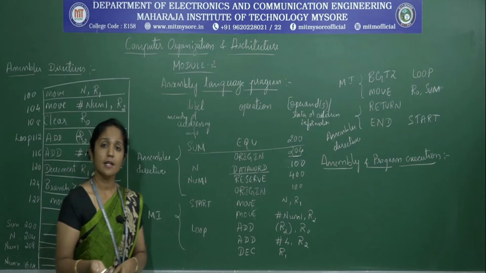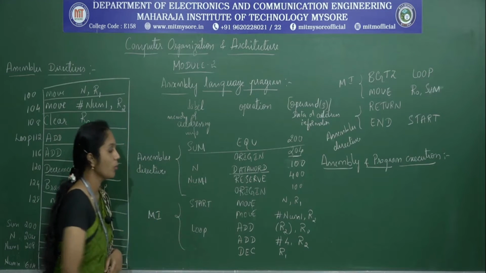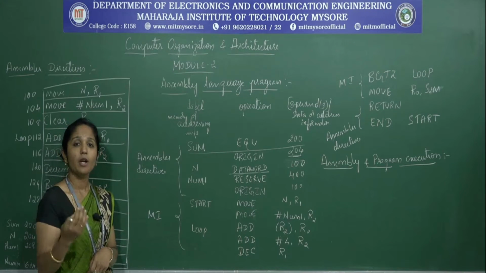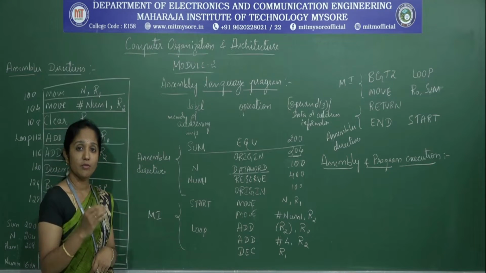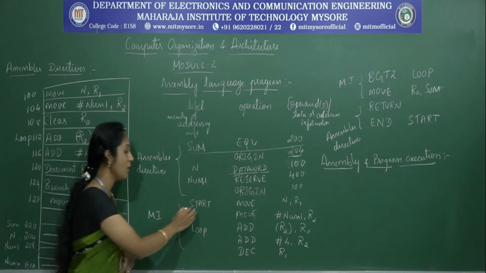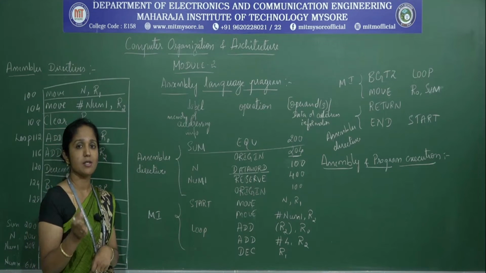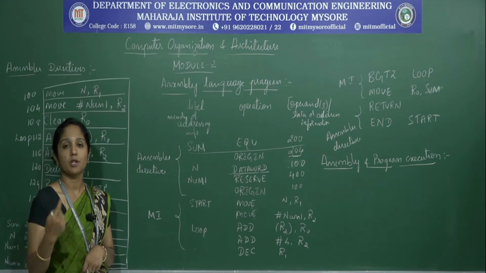But if you consider the other labels, for example start and loop, in this case it is very difficult to find out the values equivalent to start and loop. If the assembler has to find out the value of start and the value of loop, the value is nothing but the memory address. If it has to be found, then it has to keep track of the object program.